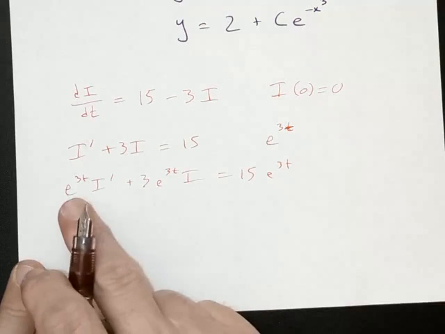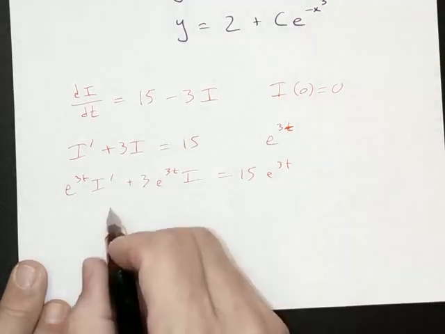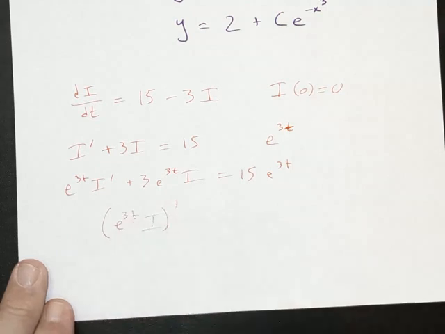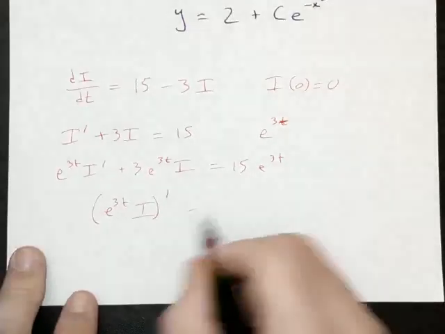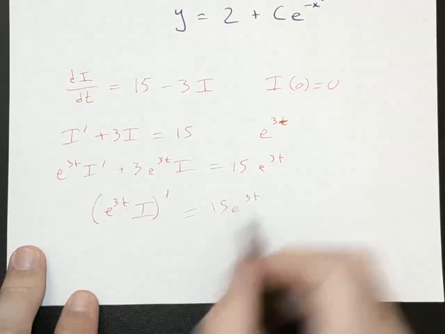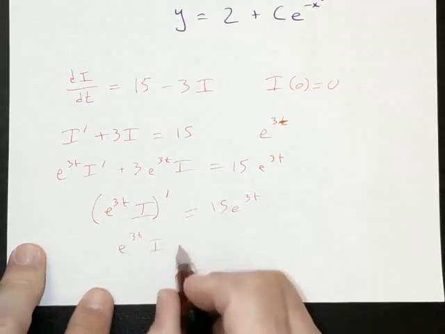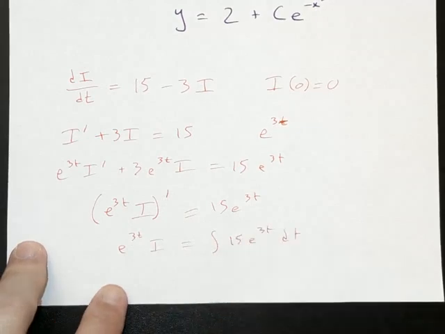The left-hand side, derivative of the second times the first, plus derivative of the first times the second, is the derivative of e to the 3t times I. So to get rid of that, I take the integral of 15 e to the 3t dt.